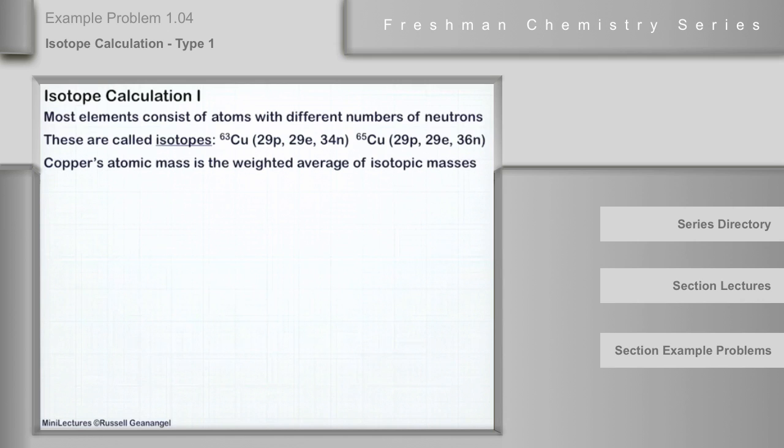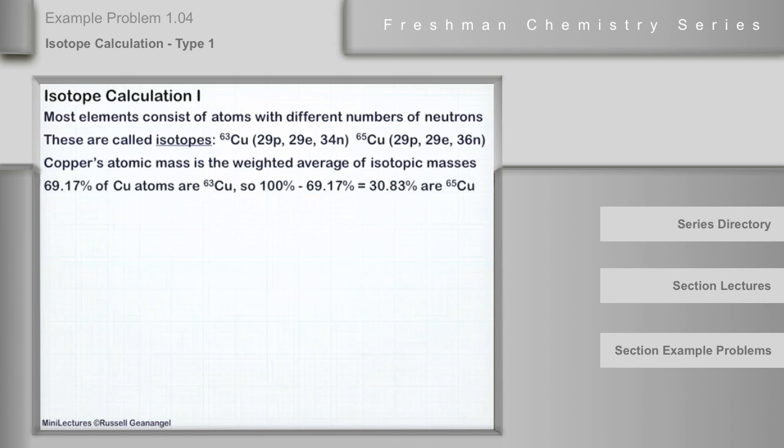Now, if we know the relative abundance of the two isotopes in percentage terms, we could calculate the overall atomic mass that the sample of copper would exhibit.